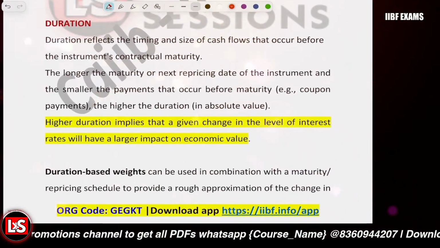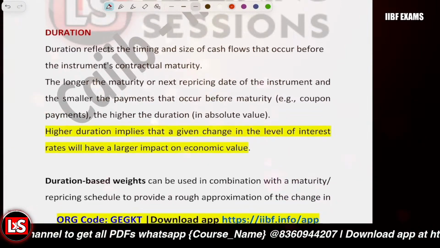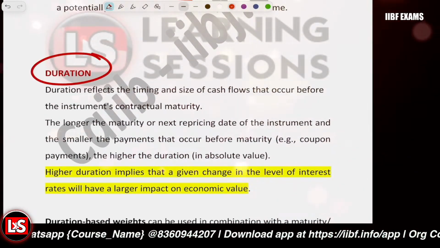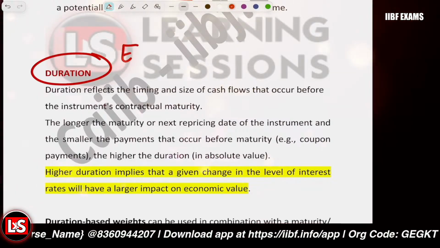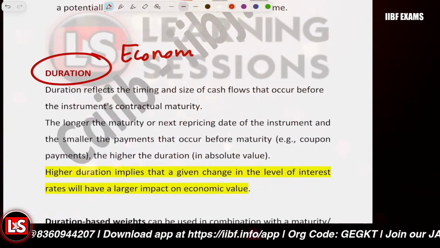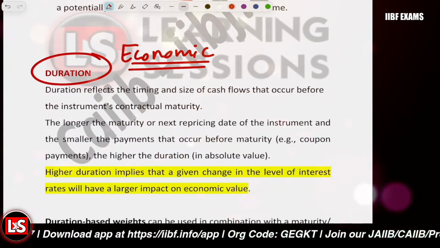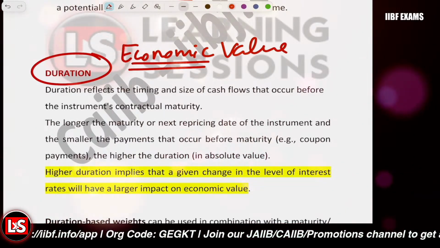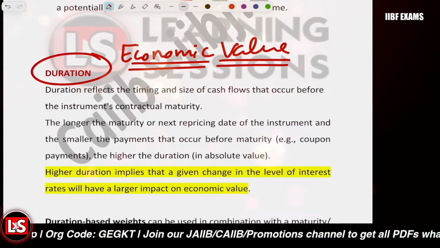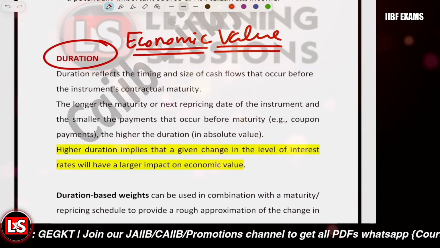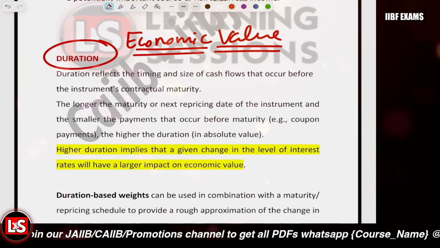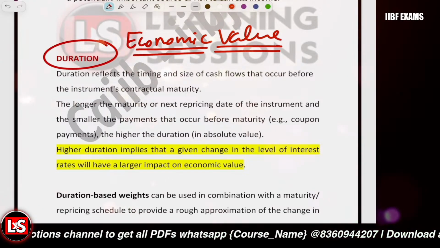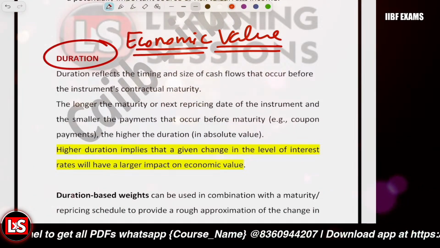The third one is about the duration. Now, duration is basically what? Duration is an economic perspective tool, an economic value perspective tool. In the case of the gap analysis, we were looking at the earning perspective, right? But in the case of the duration, we are looking at the economic value perspective. So duration measures the sensitivity of the instrument to the interest rate change.